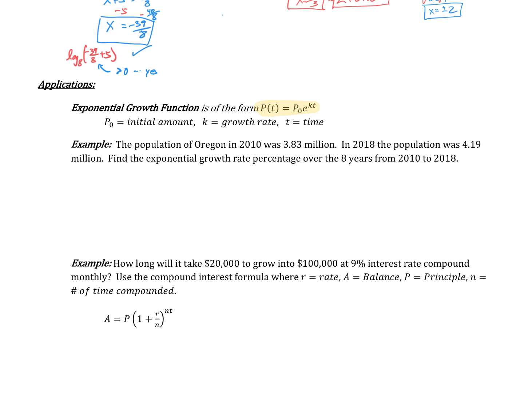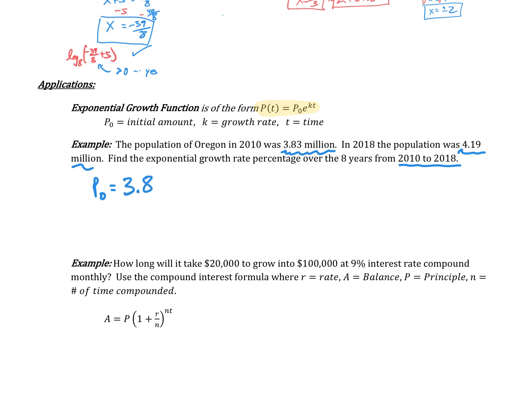The Oregon population in 2010 was 3.83 million. In 2018, it was 4.19 million. Okay, so we need to find the exponential growth rate percentage over the 8 years from 2010 to 2018. All right, so our initial amount, P naught, here is what we had at the beginning of 2010.